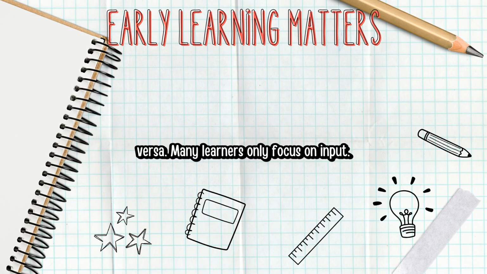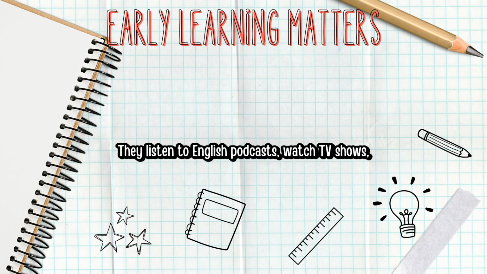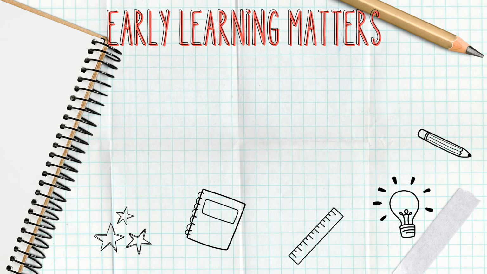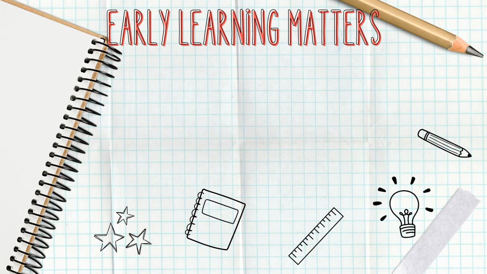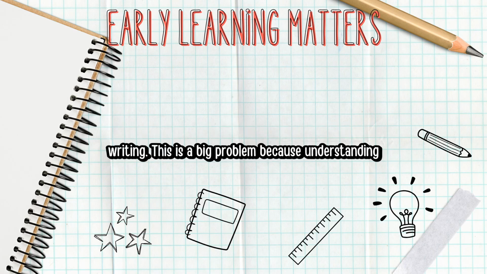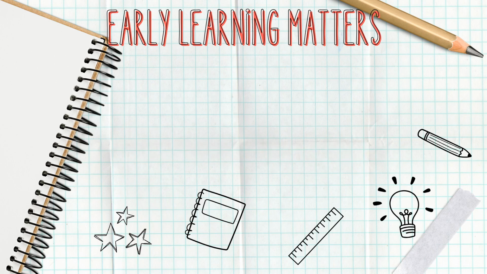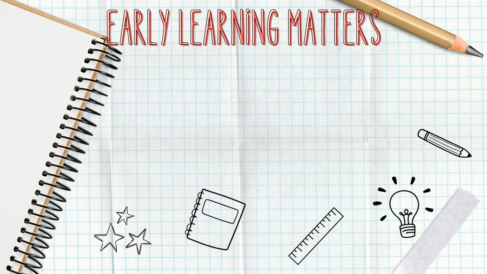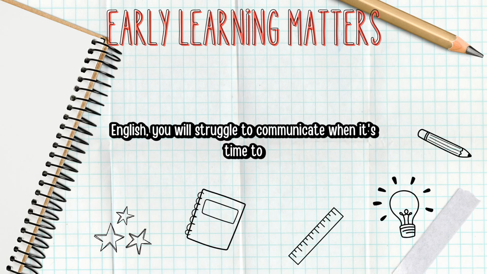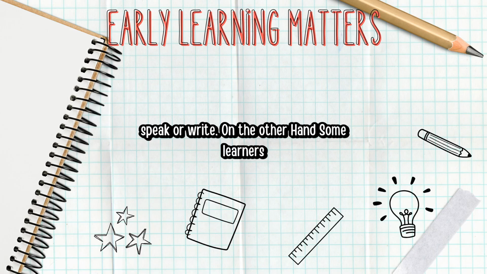Many learners only focus on input. They listen to English podcasts, watch TV shows, and read books, but they never practice speaking or writing. This is a big problem because understanding English is not the same as using it. If you never produce English, you will struggle to communicate when it's time to speak or write.